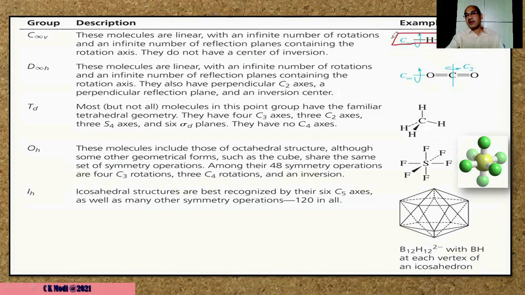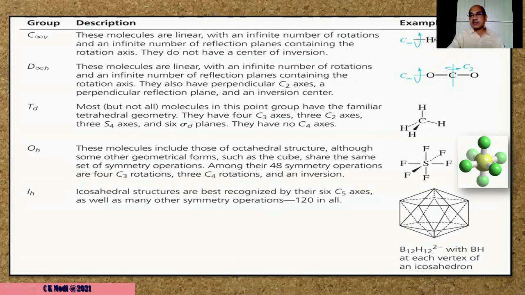If we pass a mirror plane parallel to the rotation axis, dividing the molecule into two parts, this is called sigma v. At any angle, if you pass a plane, we get the same or equivalent structure. Therefore, an infinite number of sigma v planes are also present.